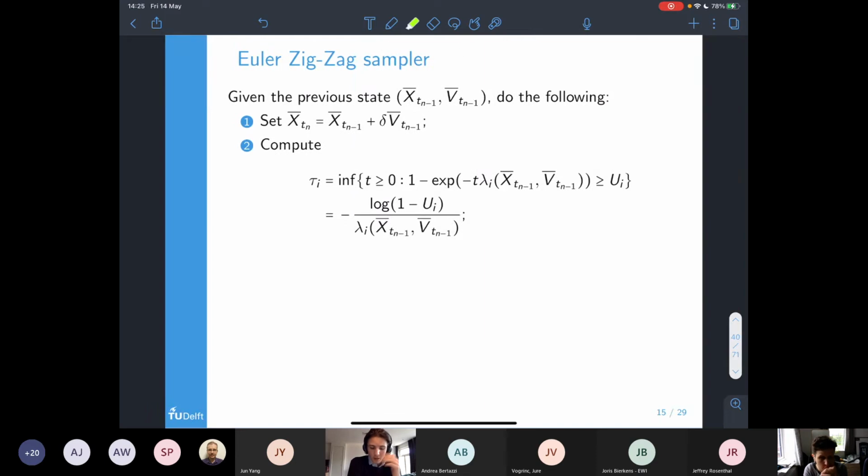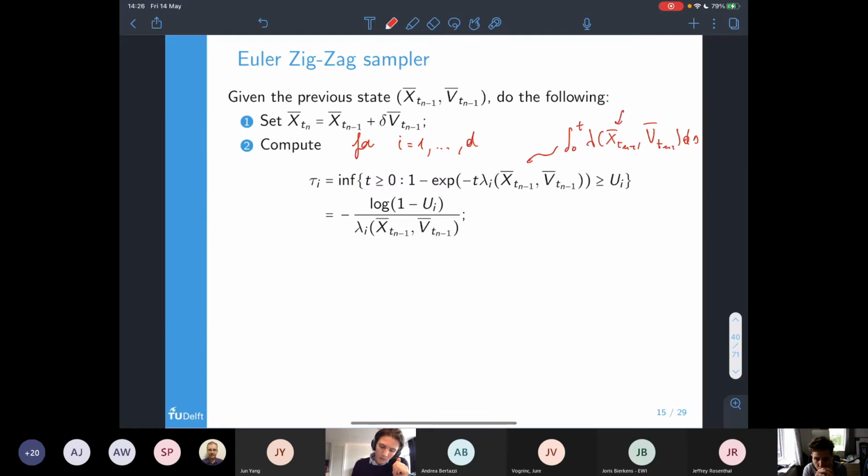But then we will have to compute the event times. In particular, we have, for i that goes from 1 to d, because we have d switching times per zigzag, to solve this infimum, where again this is the integral between 0 and t of lambda at the previous time step, but simply lambda is frozen. So this is the only difference.